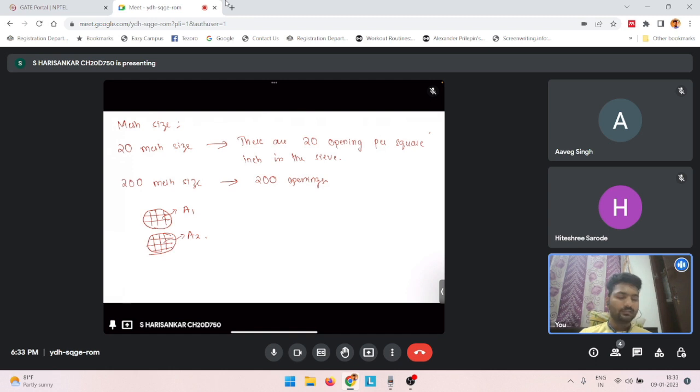Now, because these meshes are square in shape, A1 can be L1 square, where L1 is the length of the opening. And let's say L2 is the length of the opening here in A2. So A2 will be L2 square.